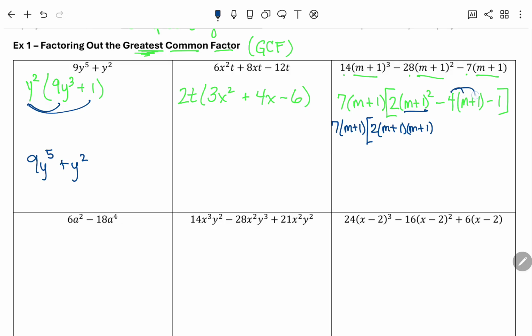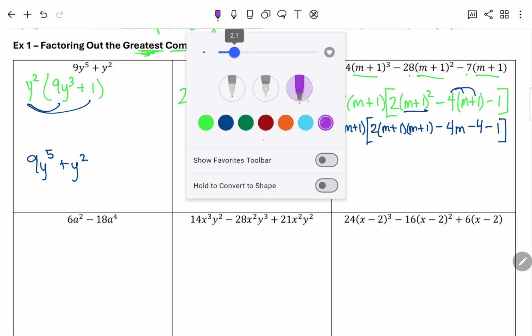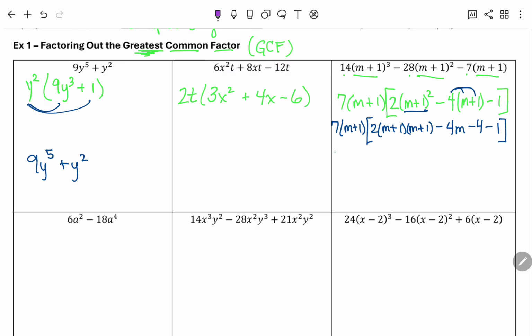I'm also going to distribute this and bring down that negative 1. All right, let's keep going. So 7 times m plus 1, then 2 times gives us m squared plus 2m plus 1, minus 4m minus 5.